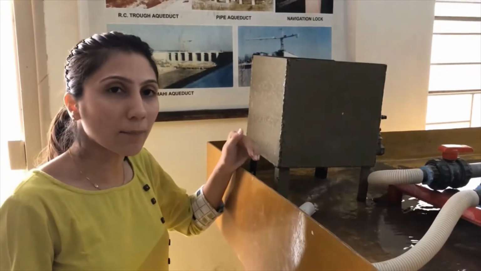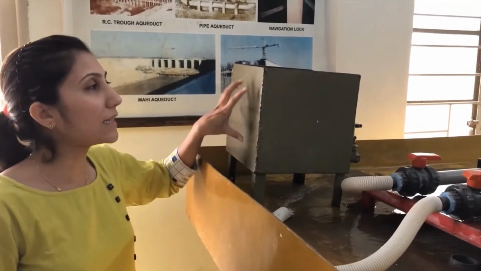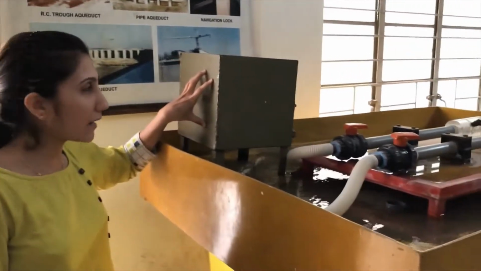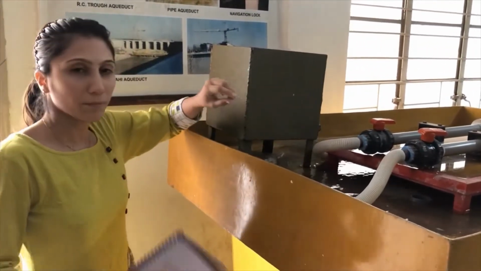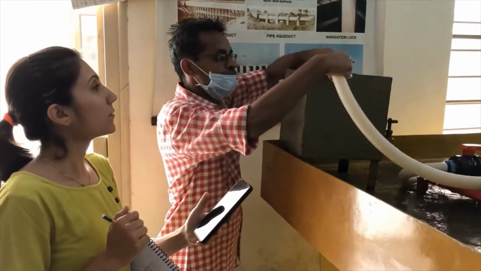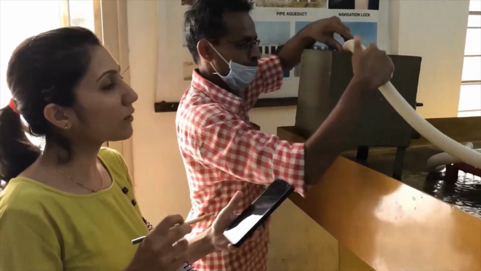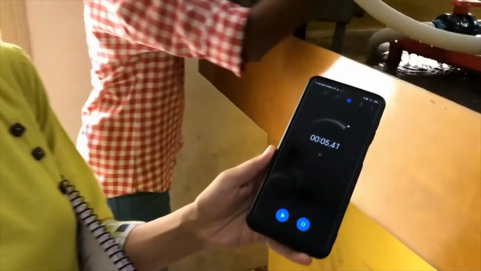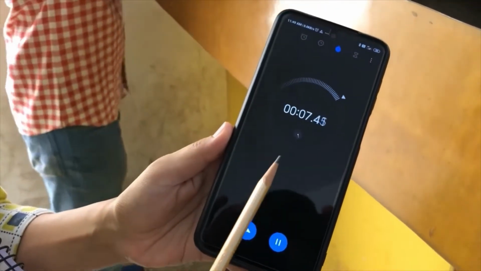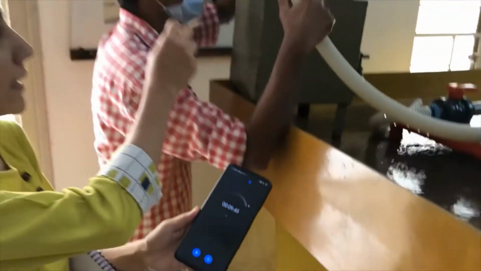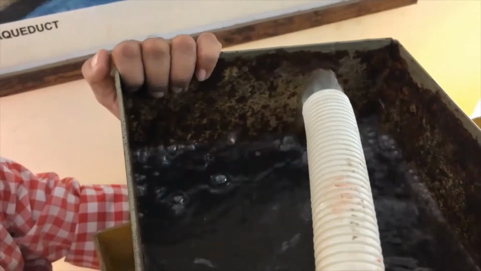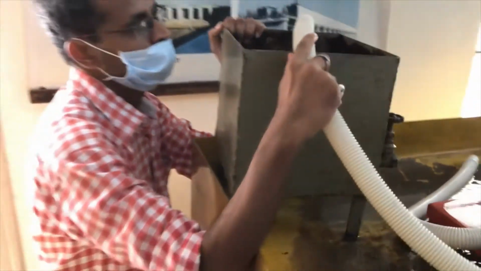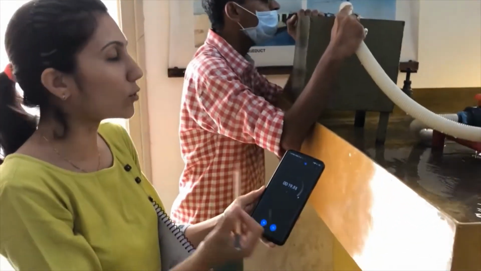With the help of a stopwatch we will see how much time is taken to fill this tank with the water. That time in seconds we need to note.